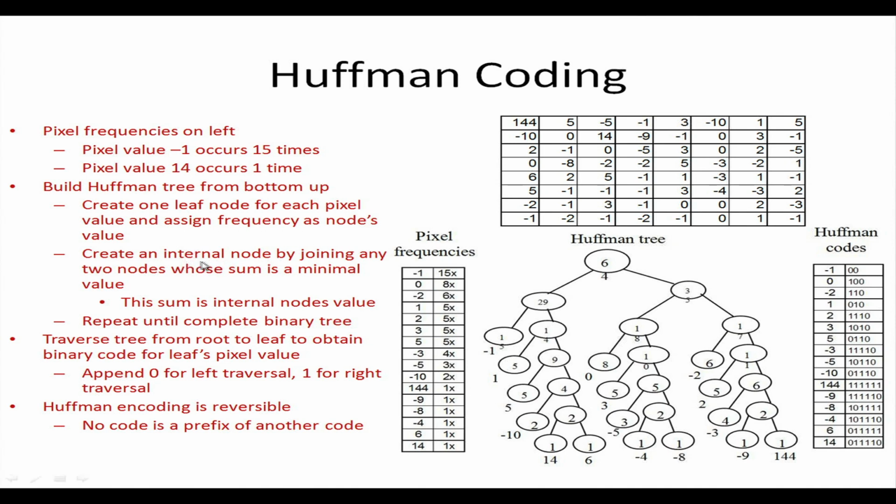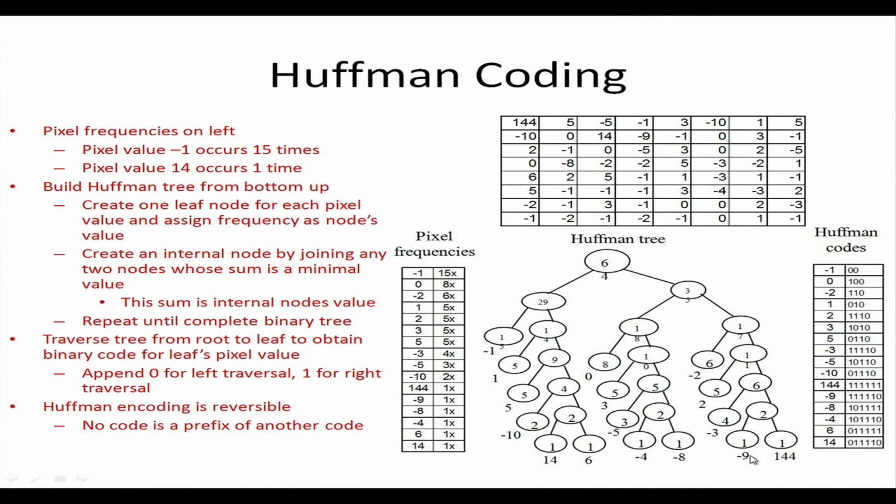Now, we create internal nodes by joining any two nodes whose sum is a minimal value. I could have joined 1 and 1. I am actually joining -9 and 14. I could have joined -9 and -3, but that would have led to 5.